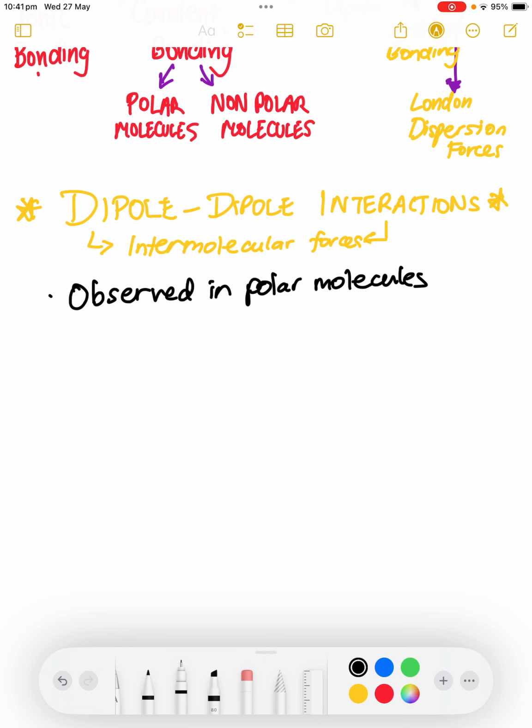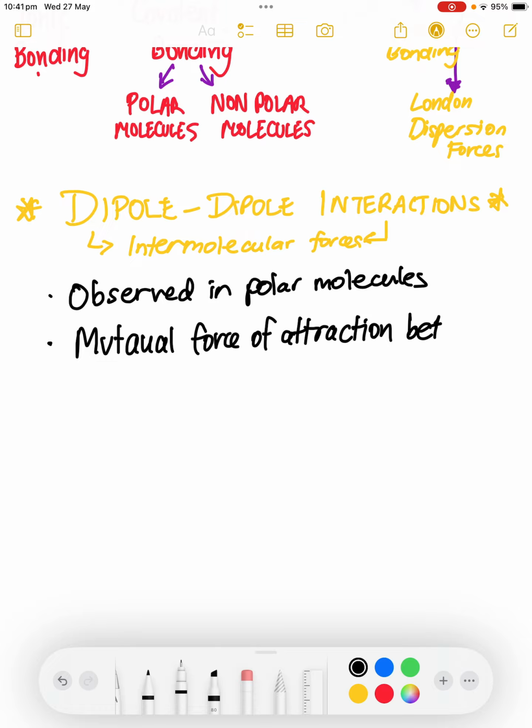There's also a mutual force of attraction between the positive pole of one molecule and the negative pole of the second molecule. All right, and I'll just say that is also mutual force of attraction between two oppositely charged poles.